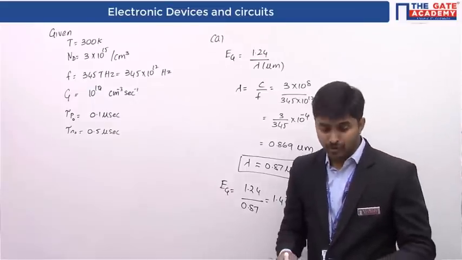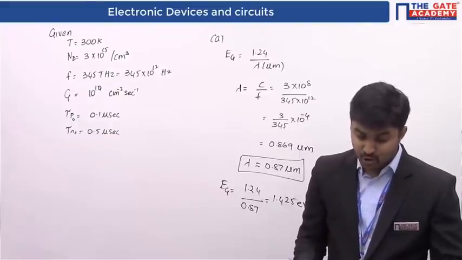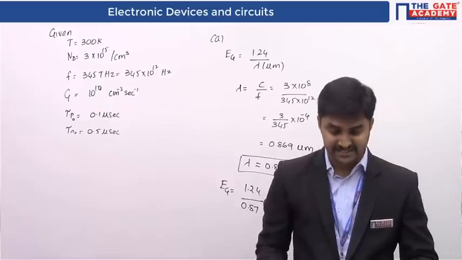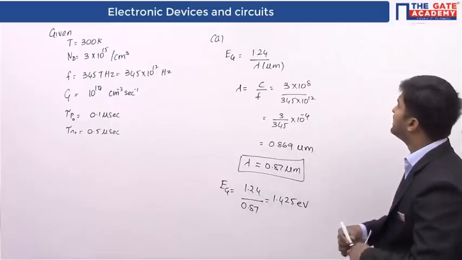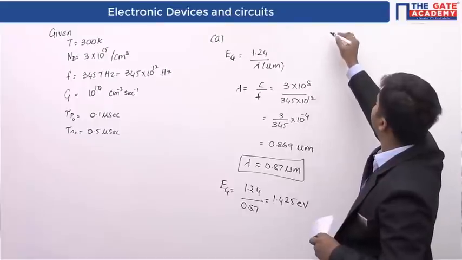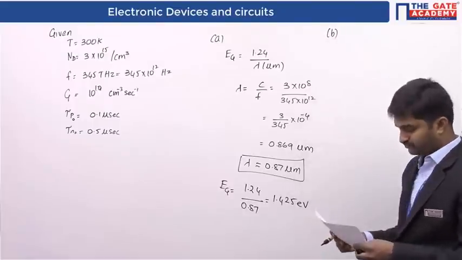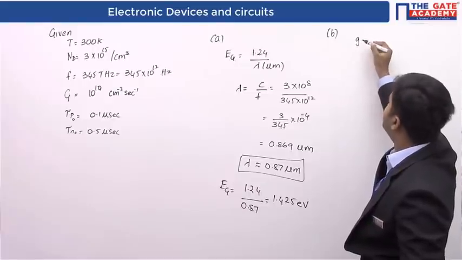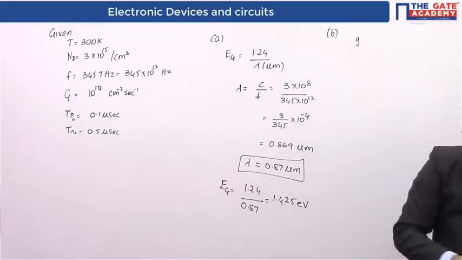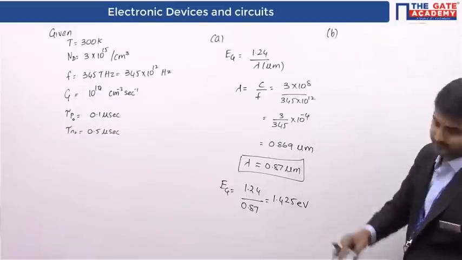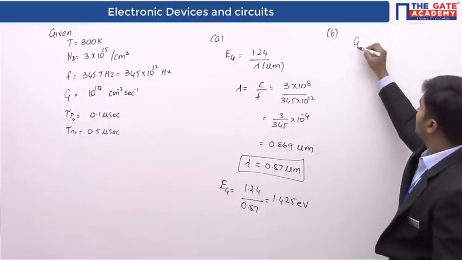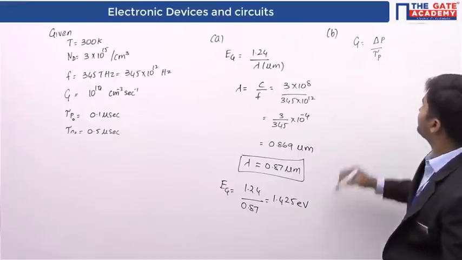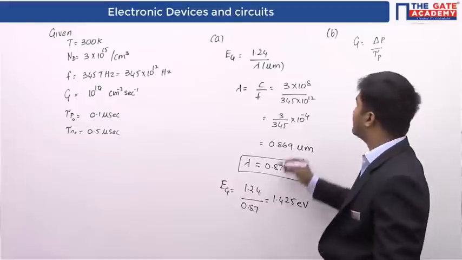The second part of the question is the steady state excess hole concentration under optical excitation. We have to find the steady state excess hole concentration under optical excitation. So we know the generation rate, G or small g, whatever it is, is given by del P by tau P. What is del P?